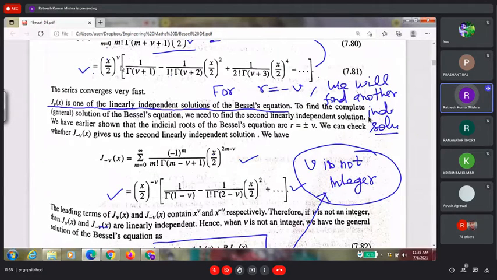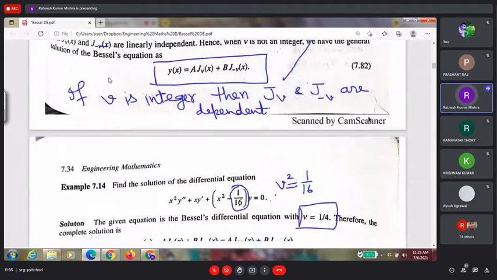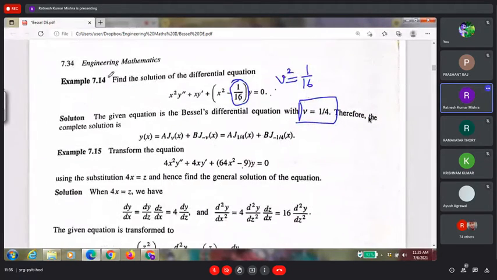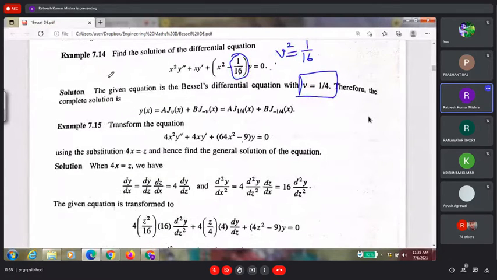In this one, substitute v equal to -1/4, you will find another solution. So their linear combination is the general or complete solution. So this is the main benefit. If you remember J_v, by this formula you can find the solution.